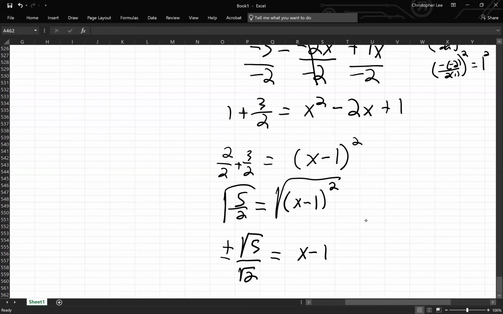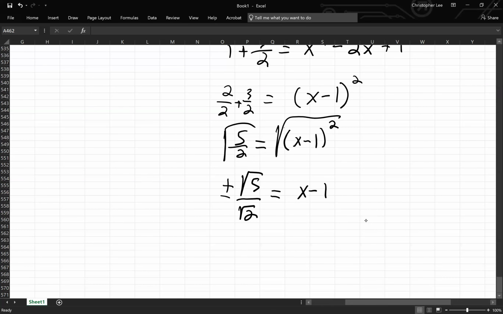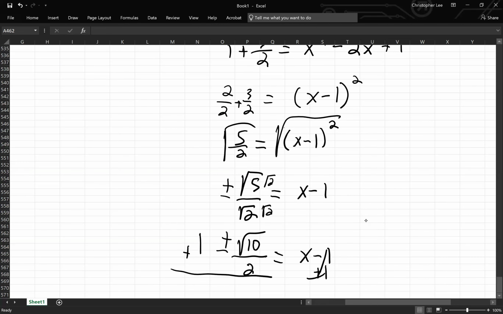So let me rationalize this denominator real quick, because remember, it's illegal for me to have radicals in my denominator, right? So I'm going to multiply this by radical 2. What you do to the bottom, you do to the top, right? So now I have plus or minus square root 10 over 2, right, is equal to x minus 1. I'm going to add 1 over here. What you do to one side, you do to the other, right? So now what do I have?